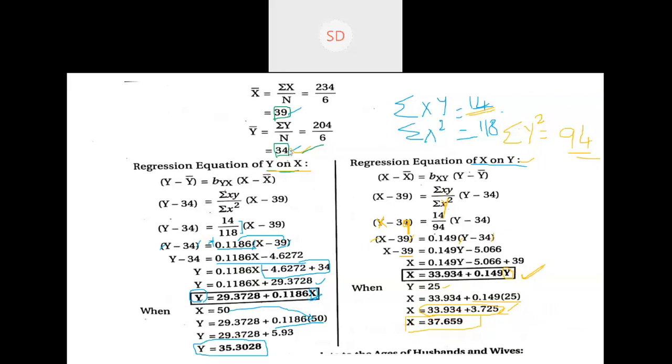Fine. So this is our next question, where they asked us to find the regression equations of y on x and x on y, and also to predict the values of y as well as x. Any doubts in this problem? Can I go on?